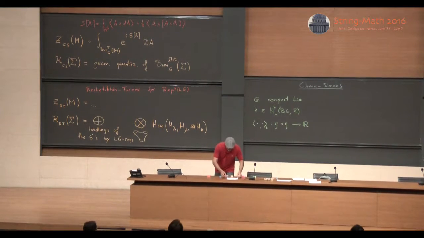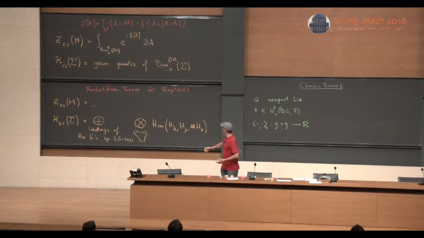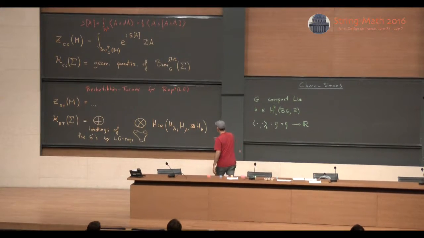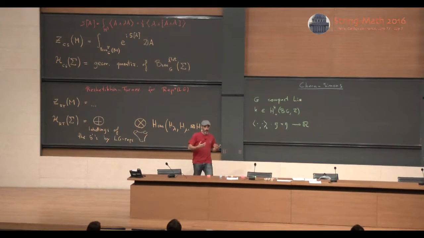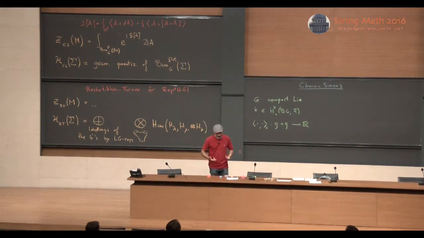So now on the Reshetikhin-Turaev side of the story, there's one thing which is staring at you in the face and which is not present up there. And that is this category here, this category Rep_K LG. And from a physical point of view, this is the category of possible charges of Wilson lines.